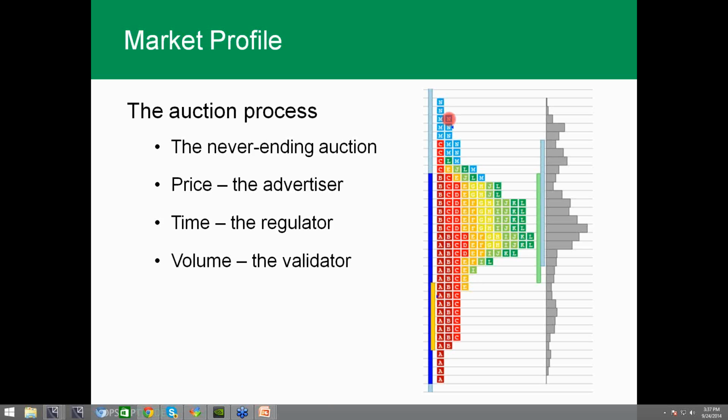So the auction process is very simple. Every free market functions pretty much the same way, and the market and volume profile work in similar ways to create a picture of the auction process that can, with time and practice, limit one's risk and increase the probability of finding good trade opportunities.